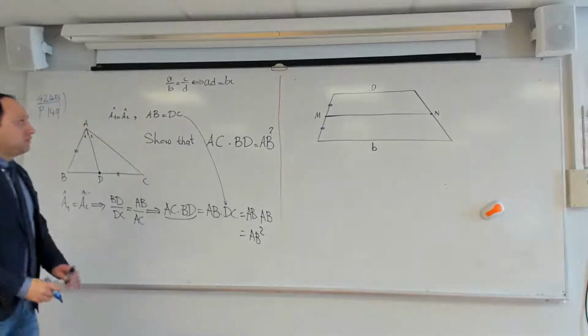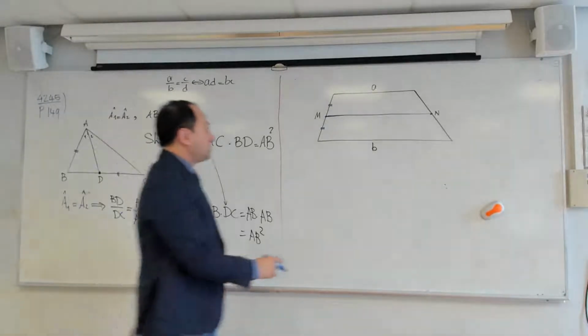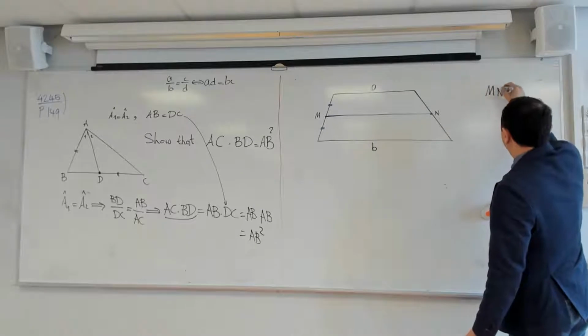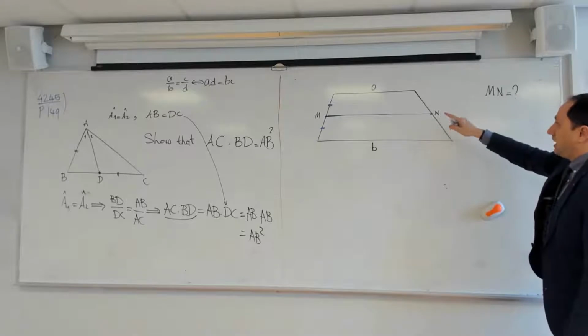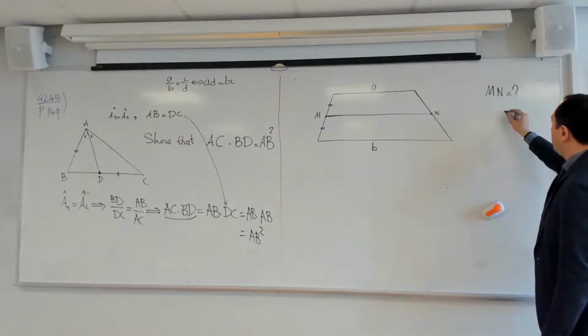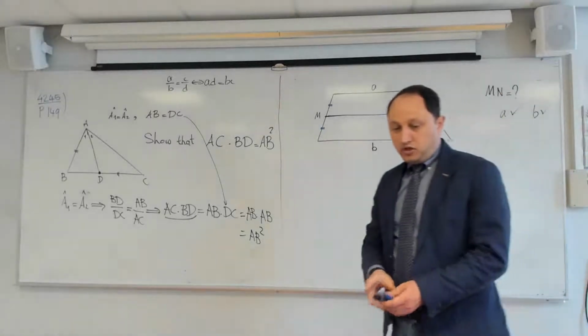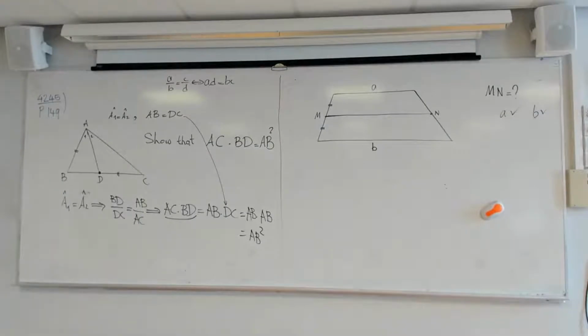I want to find a formula so that when I give you the value for A and the value for B, you can put these numbers in your formula and calculate the length of the blue line. So I want you to find a formula which enables me to immediately calculate the length of MN if I give you A and B. In the book they have written it with numbers, but let us do it algebraically.